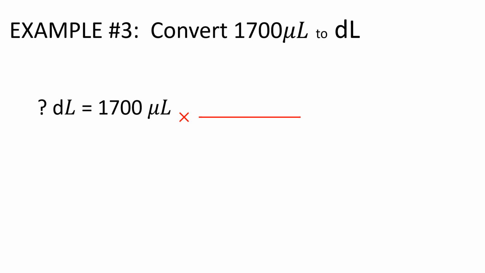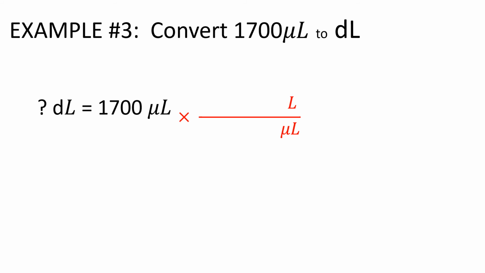A way that I do this is a multiple step conversion. So I would suggest if you have a multiple step, until you get really good at this, convert it to what you understand. So a microliter and a deciliter both have liters in common. So that might be an easier thing to get microliters into liters and then liters into deciliters until you get really good at this.